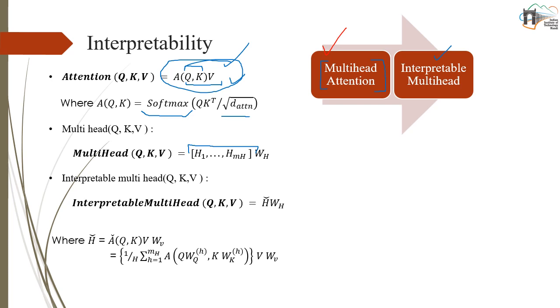Different pairs of query, key, and value matrices give us the different heads. When these heads provide us with the attention matrices, and these attention matrices are concatenated, we call it multi-head attention.